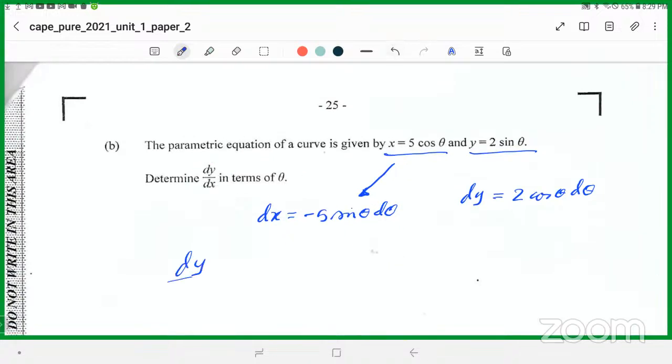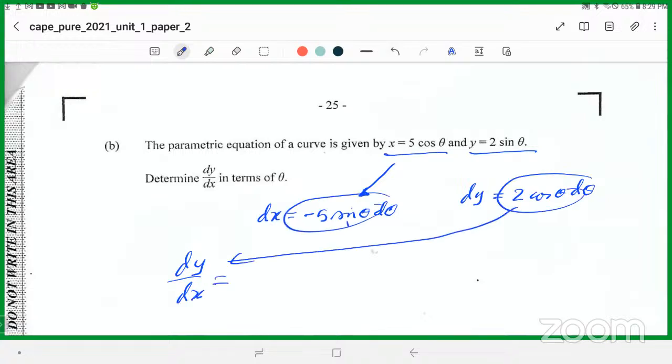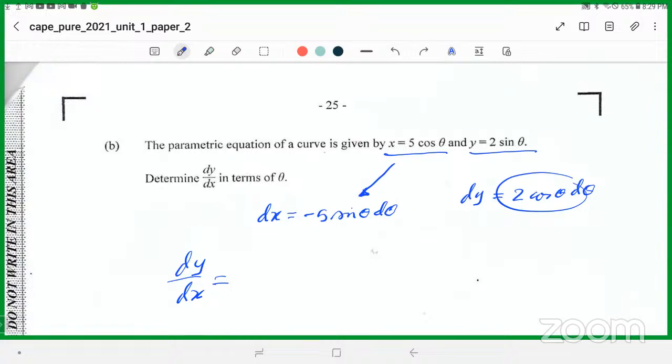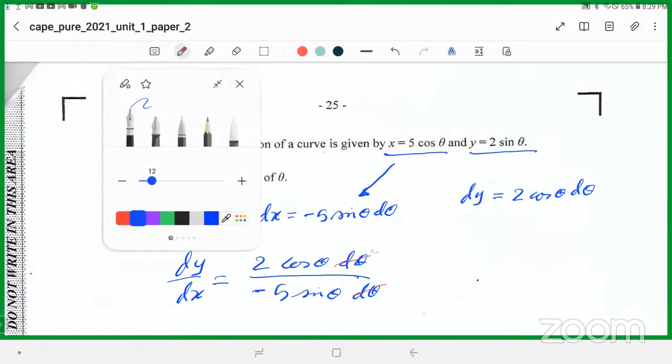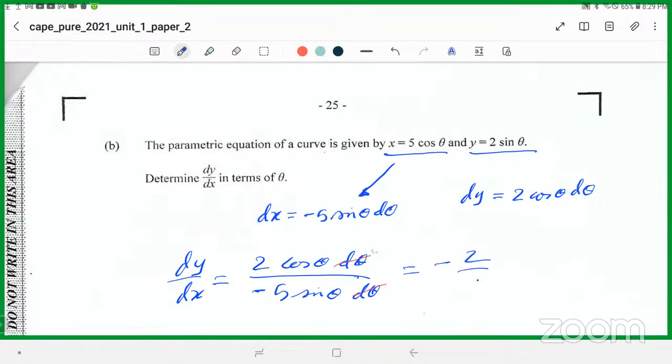So dy by dx will be equal to this one on top over this one on the bottom: 2 cos theta d theta over minus 5 sine theta d theta. And then the d thetas cancel each other. So this becomes equal to negative 2/5. Now cos over sine is cot, so you could write cot of theta.